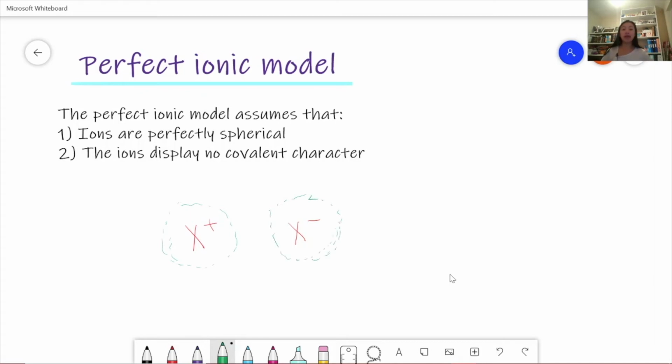And I'm going to use this model when we compare experimental to theoretical lattice enthalpy values. And I'm going to talk more about this perfect ionic model when we come to comparing the theoretical and experimental values for the lattice enthalpies.